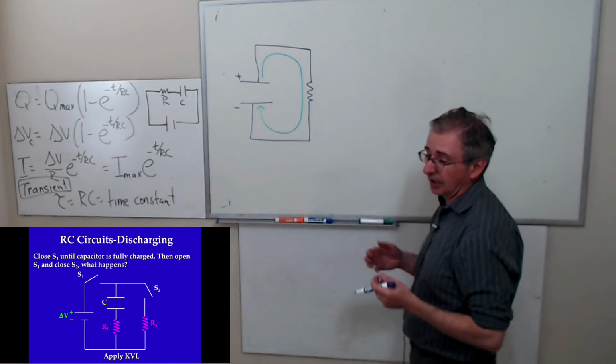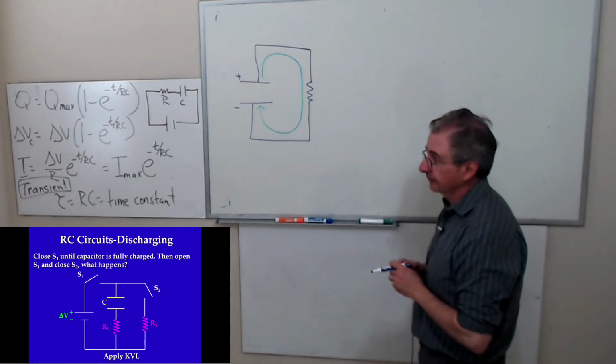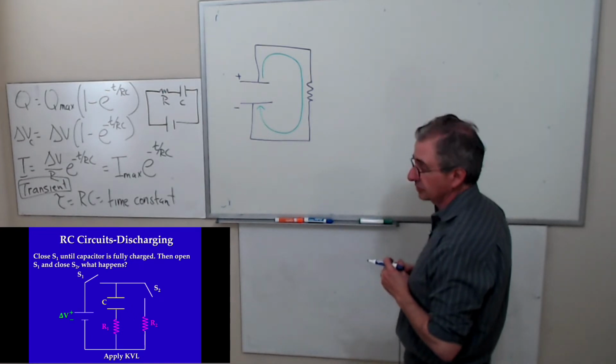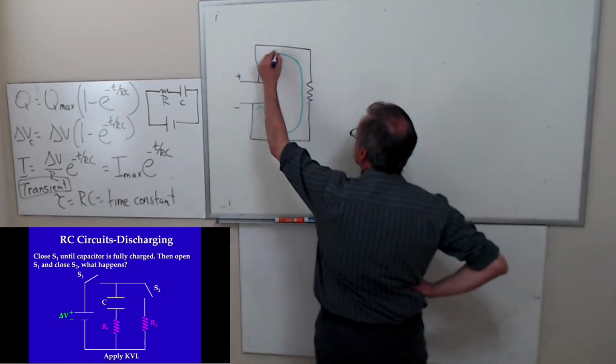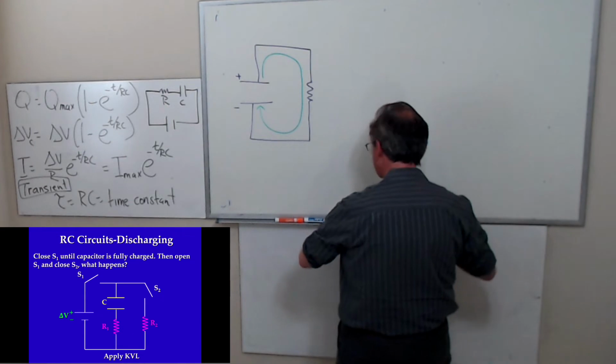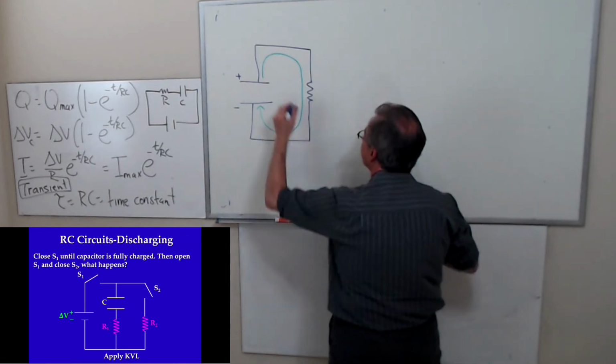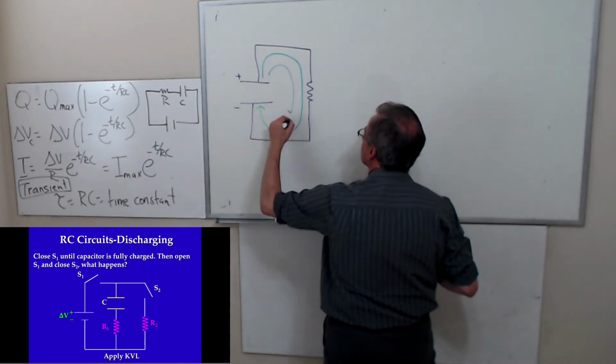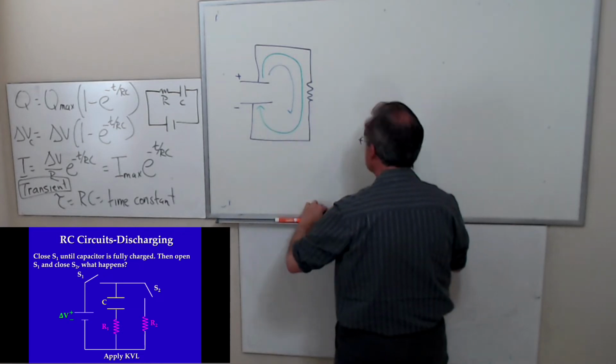I use KVL again. Sum of the voltage drops. So if I go around this loop, the current's going to go like this, and then the voltage drops in the same direction.